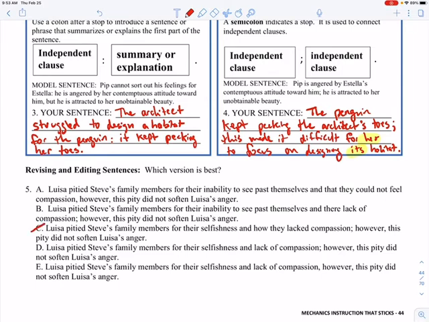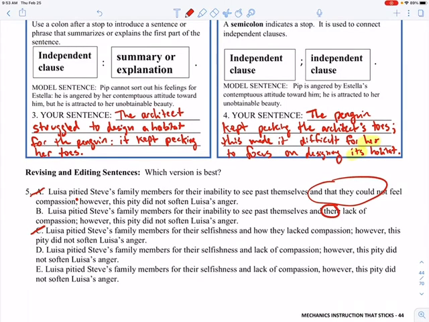I'm going to eliminate that. There are some wordiness problems in A as well, and that they could not feel compassion, comma, however. Yeah, that should be a semicolon. So there's some problems with A. There is misspelled in B.